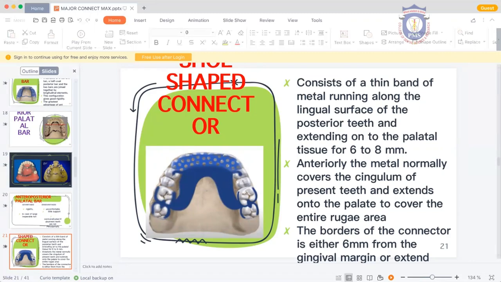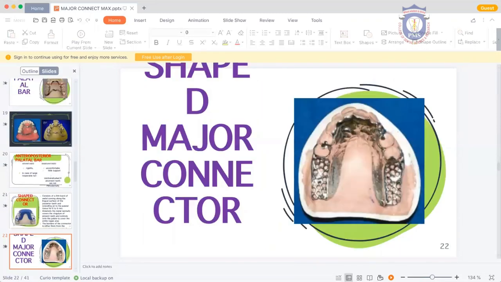Anteriorly, the metal normally covers the cingulum of the present teeth and extends into the palate to cover the entire root area. The borders of the connector are 6 millimeter from the gingival margin.